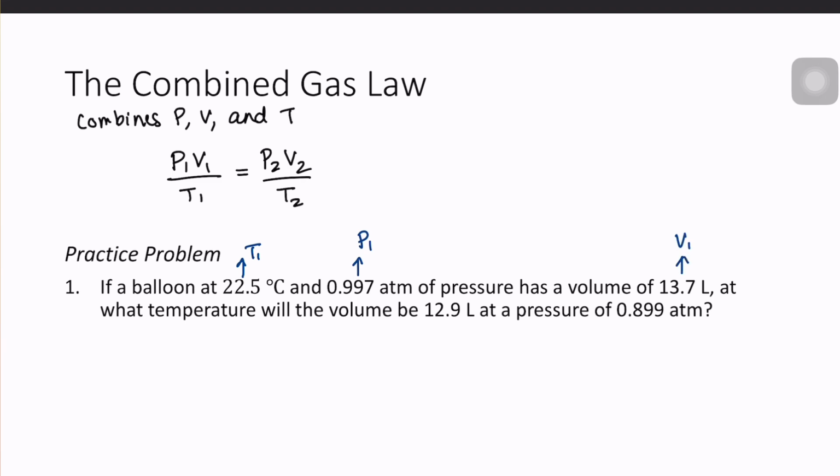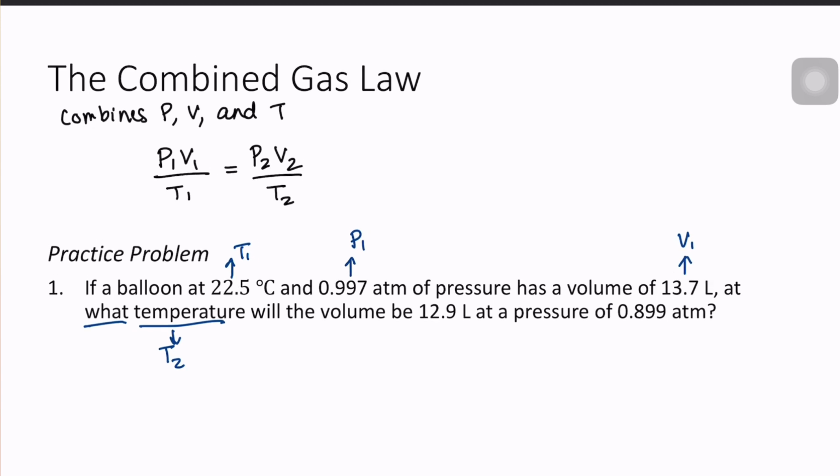This will be my V1. At what temperature, this is my T2, will the volume be 12.9 liters? This is going to be my V2 at a pressure of 0.899 atmospheres. This is going to be my P2.